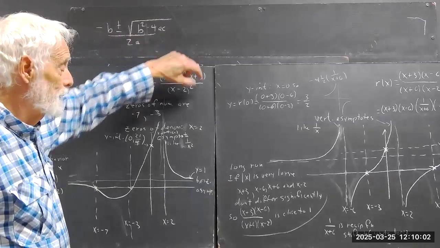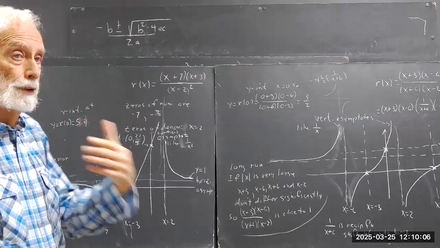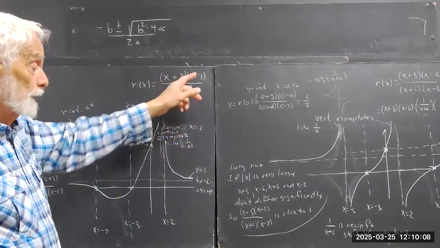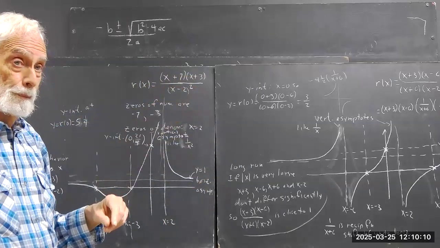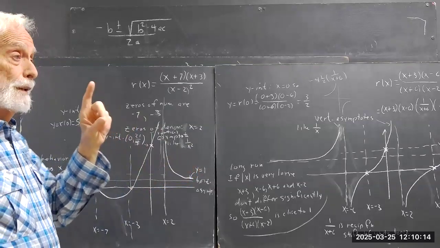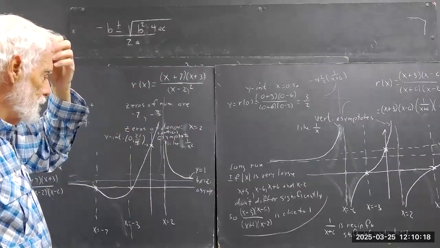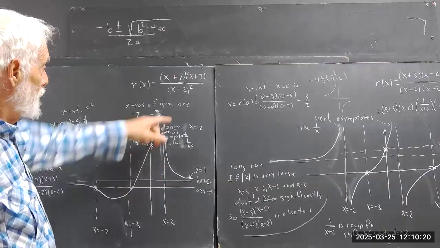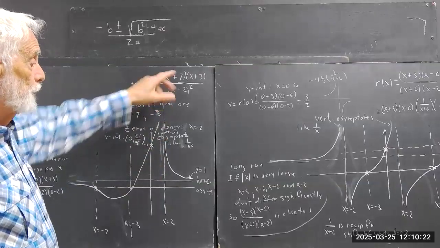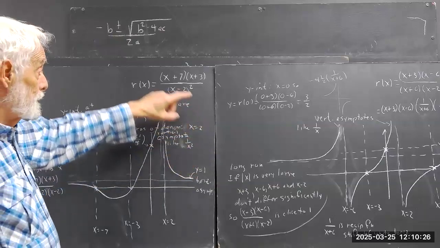These things give you zeros in the numerator, okay? Just like polynomials. And they'll behave like you do with polynomials. That is, if this had multiplicity 2, then it would look like a parabola near the 0.